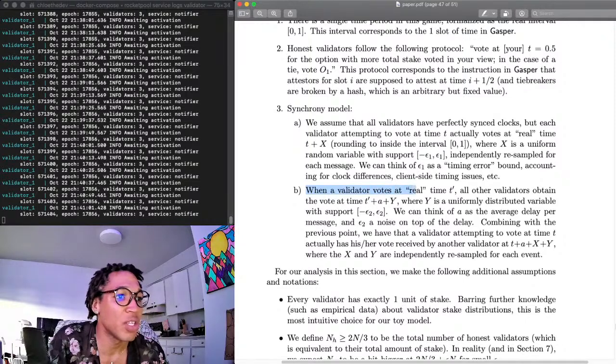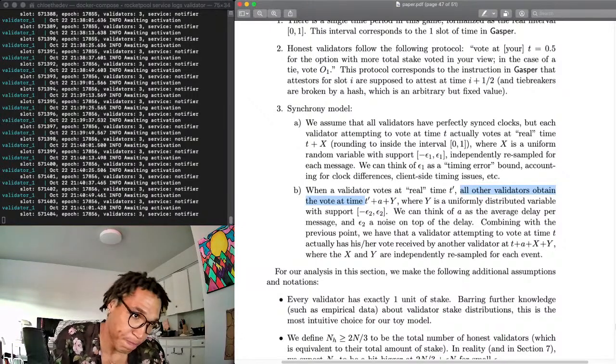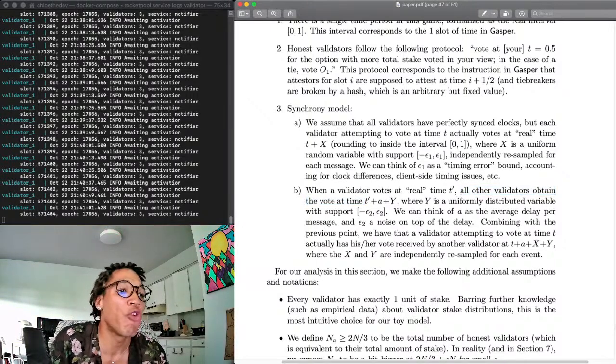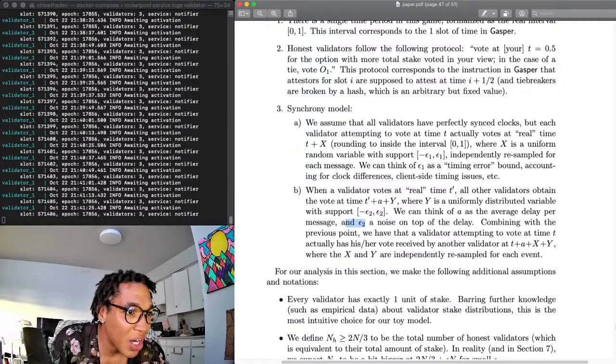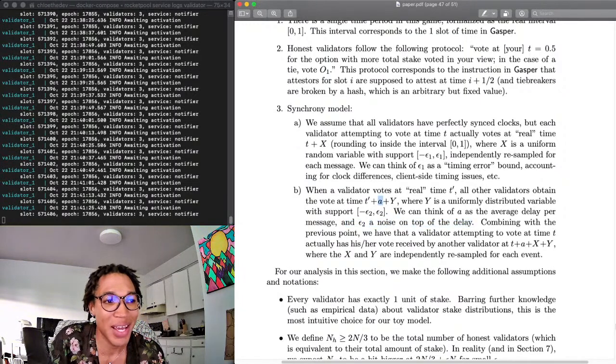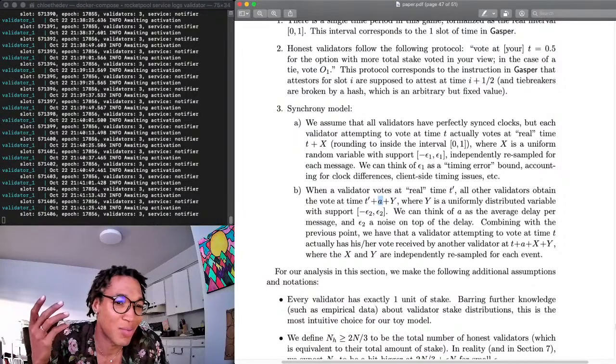When a validator votes at real time t prime, all the validators obtain the vote at time t prime plus some delay plus y, where y is a uniformly distributed variable with support of this other random amount. We can think of the delay as the average attestation delay for a message, and the second term as noise on top of the delay. So we're just assuming there's going to be some delay, plus some random noise.